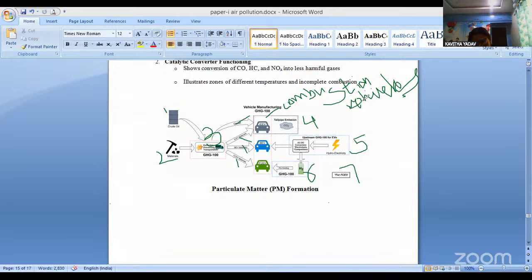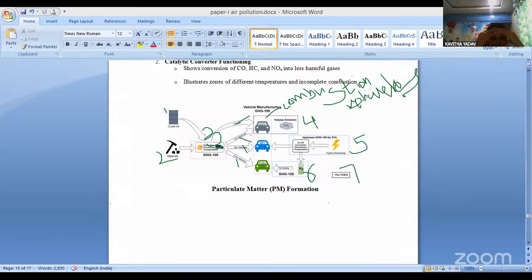Combustion vehicles are the basic models of vehicles. In combustion vehicles, the fuel is burned and it can go into incomplete reactions and produce incomplete products directly into our environment. That is combustion vehicles.